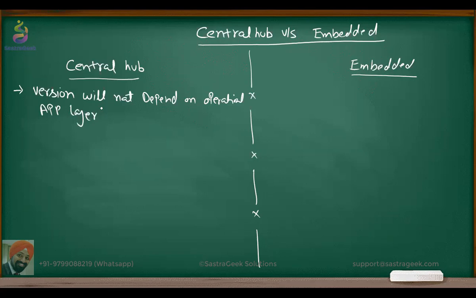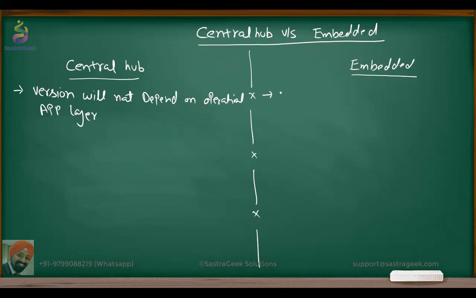So there would also be versions of gateway systems. Okay, so when you put it in a central hub scenario, you would be freely able to upgrade your GWFND versions, your gateway system versions, without doing anything with your operational application layer versions. Okay, so the version dependencies would not be there.